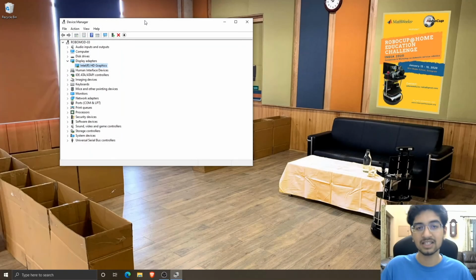Do keep in mind that the specs given here are the minimum requirements for a device, and to be on the safer side you can always have higher specifications, but it is strongly recommended that if your laptop does not meet any of these criteria, then immediately try to search for another laptop, because later on there might be problems of the installation failing or the laptop hanging when you're running Ubuntu or ROS, and at that time a lot of effort would have gone into it and it would be difficult to get a new laptop and do the installation again.